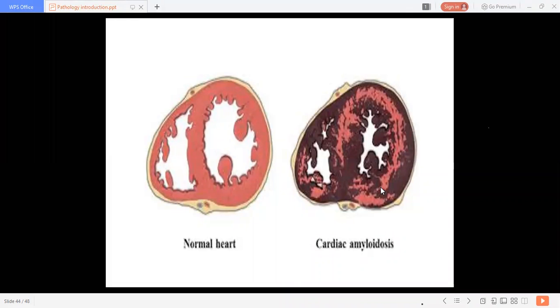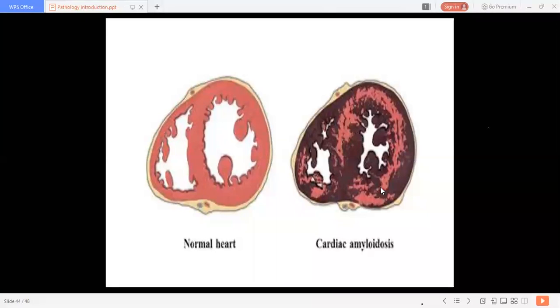of the cavity. Due to amyloidosis the conductive system may get affected because of subendocardial amyloid deposits. The conduction system may get damaged only when the deposits are in the subendocardial regions.